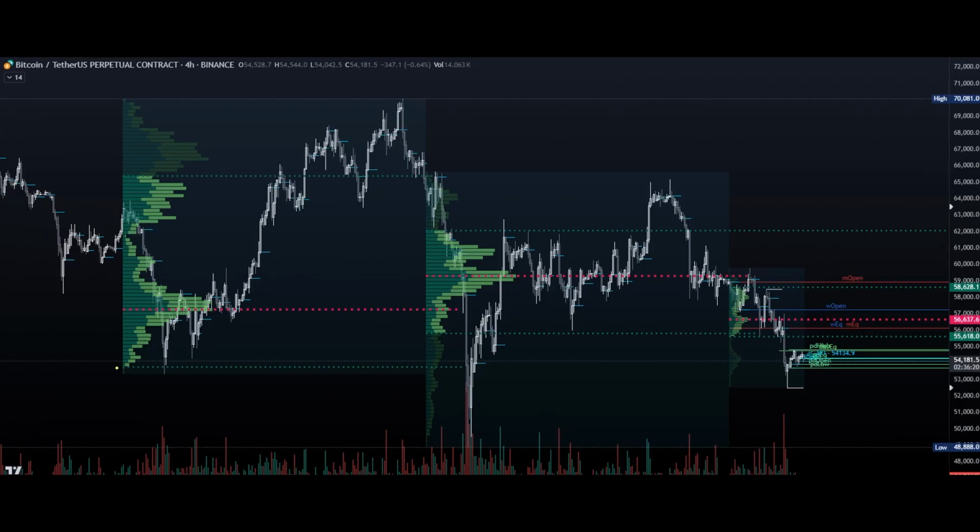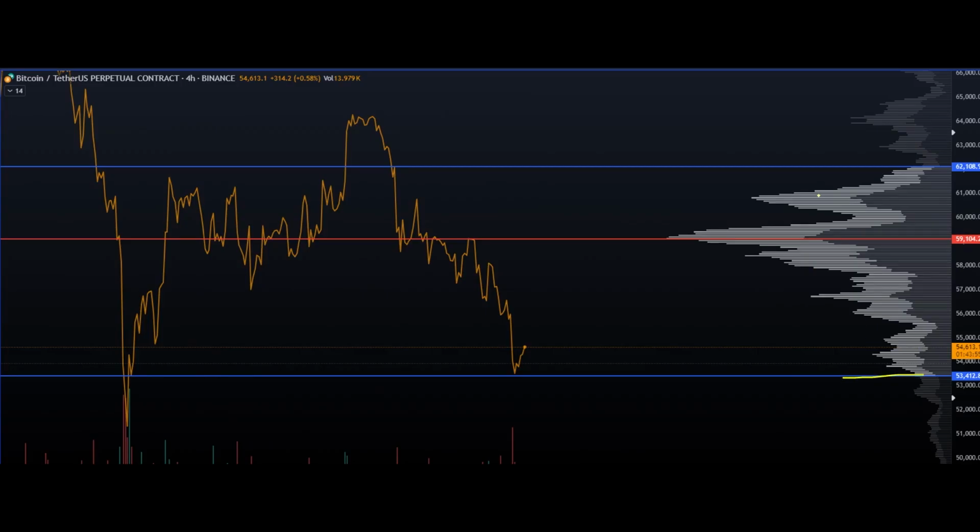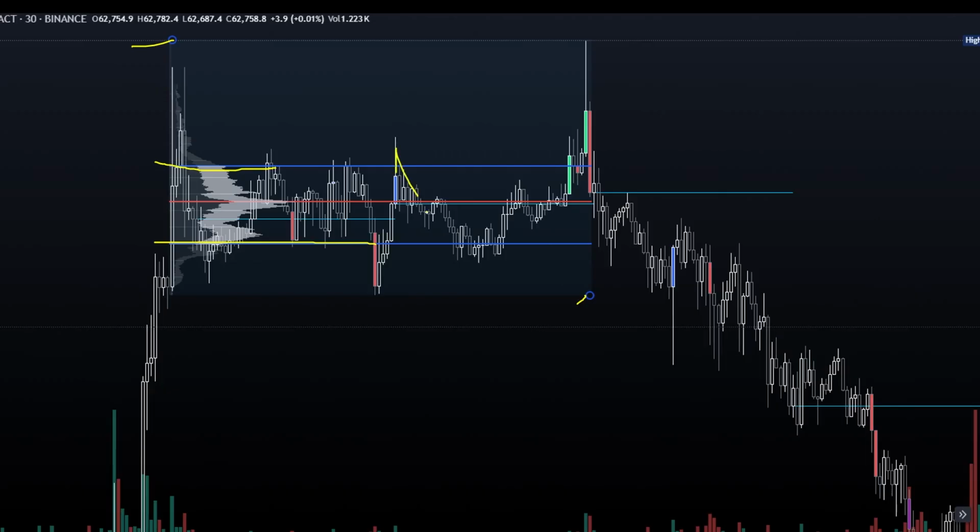Monthly profiles and levels can hold even more significance than weekly profiles. We can look at entire ranges with visible range volume profiles. And we can pull fixed range volume profiles from points of interest in market structure.